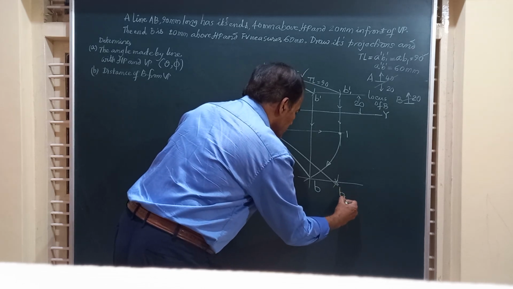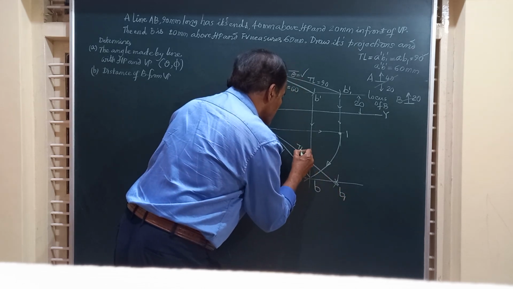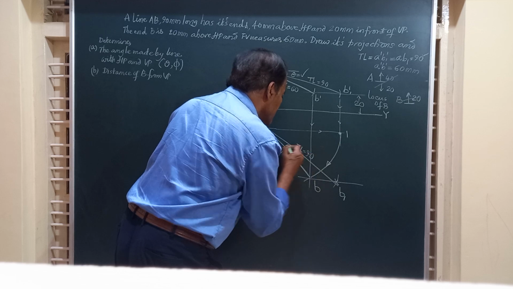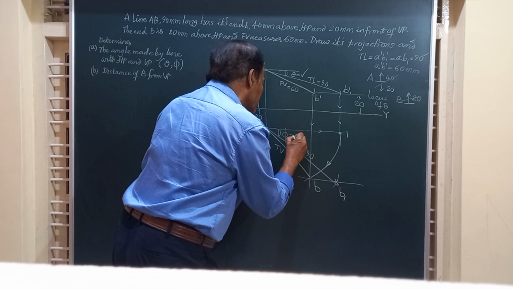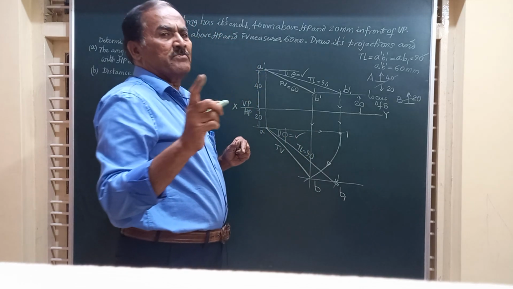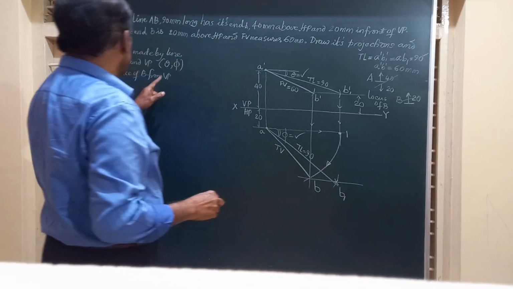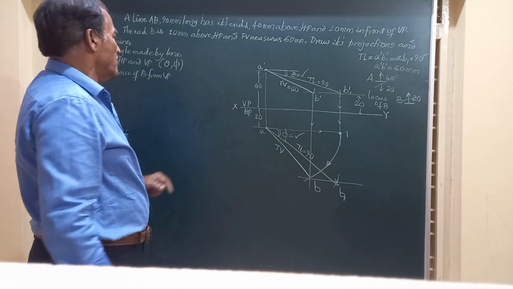That point is B1. This is the true length which is equal to 90. Already that's given. And immediately you can find out what is phi. That is the angle made by the line with the vertical plane. That phi can be found out.